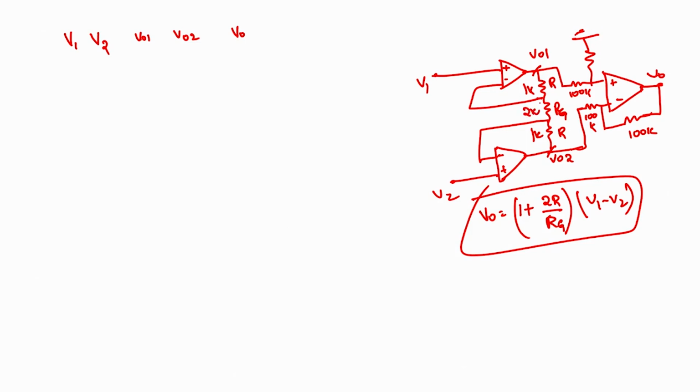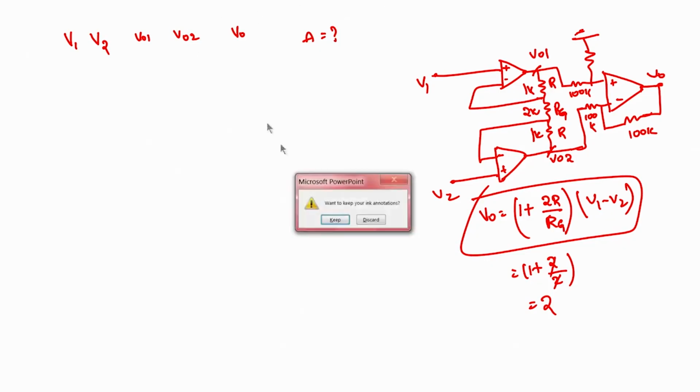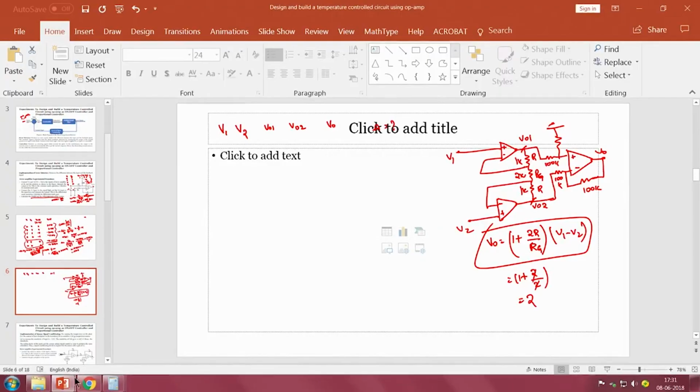If I take Rg as 2K, the gain will be 1 plus 2 into 1K divided by Rg 2K. So the gain is 2, right. The gain of the system is 2. Theoretically we have calculated 2. We will see with simulation.